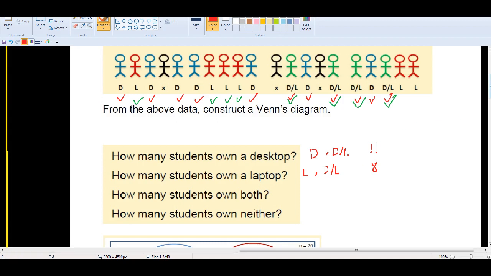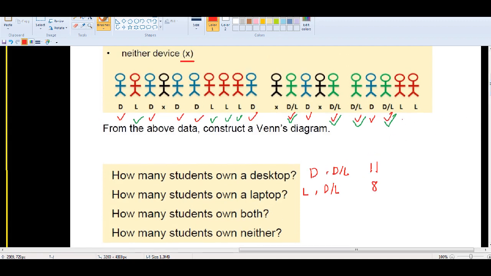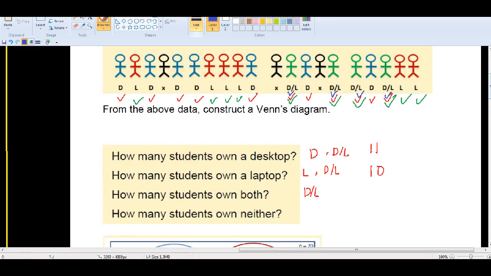Sorry, I made a mistake. 2 more L here, so it should be 10. Both means must be D and L. So here, there are 4 of them.